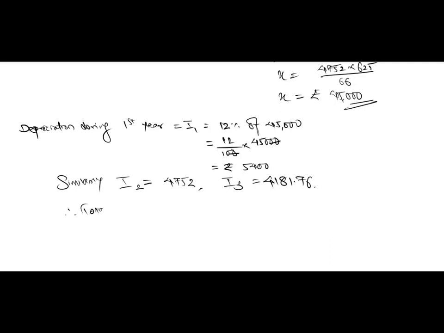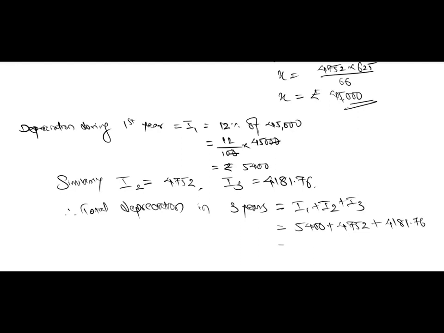Therefore, total depreciation in 3 years is equal to I1 plus I2 plus I3, which is 5,400 plus 4752 plus 4181.76. If you add them all, you will get the total depreciation, that is rupees 14,333.76. This is the total depreciation in 3 years.